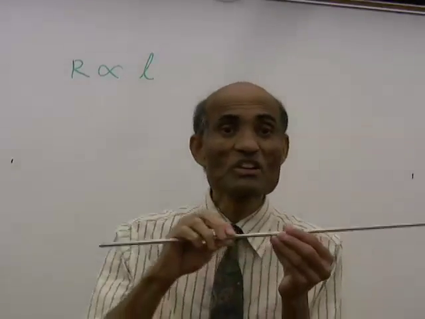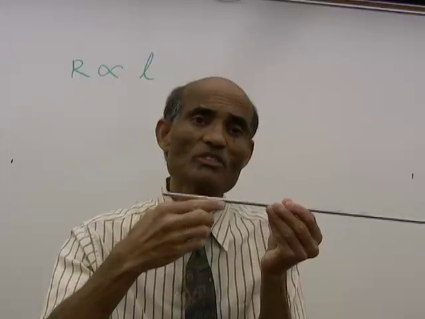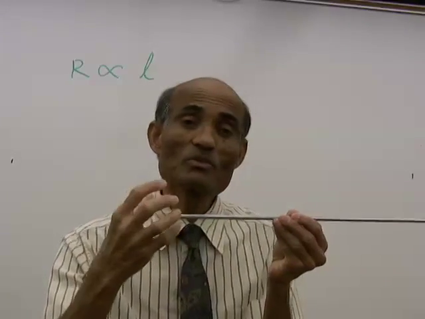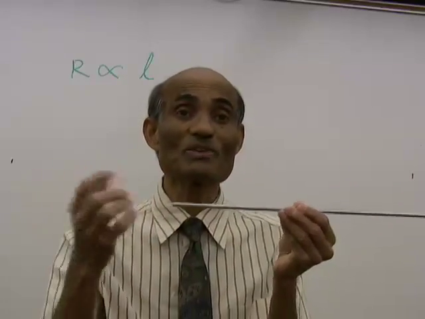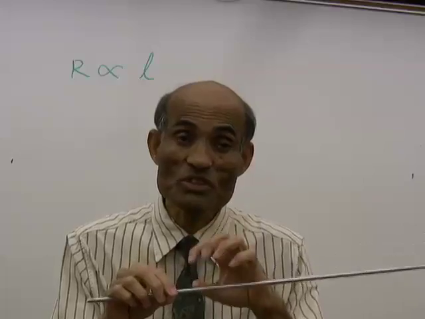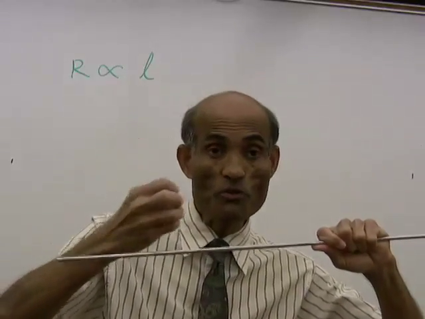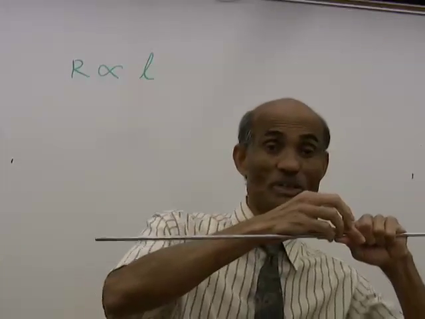How about the thickness of the wire? What do you think? If you increase the thickness, will the resistance increase or decrease? Remember, resistance is the resistance offered by this conductor for the flow of electric charges through it.